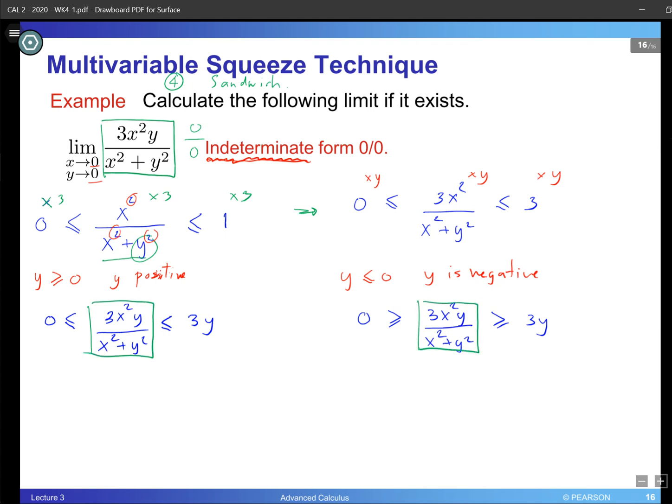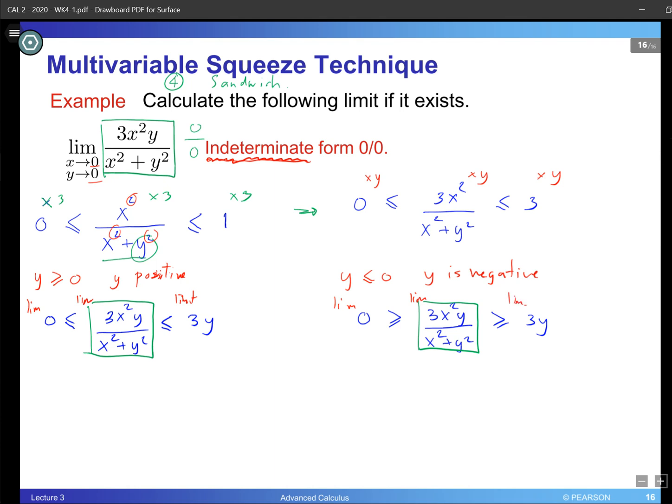And the next thing we are going to do is to apply the limit throughout these two inequalities. So limit is going to go in here, limit goes in here, and limit goes in here. Same here, limit, limit, and limit. Now let's take a look at the result here.